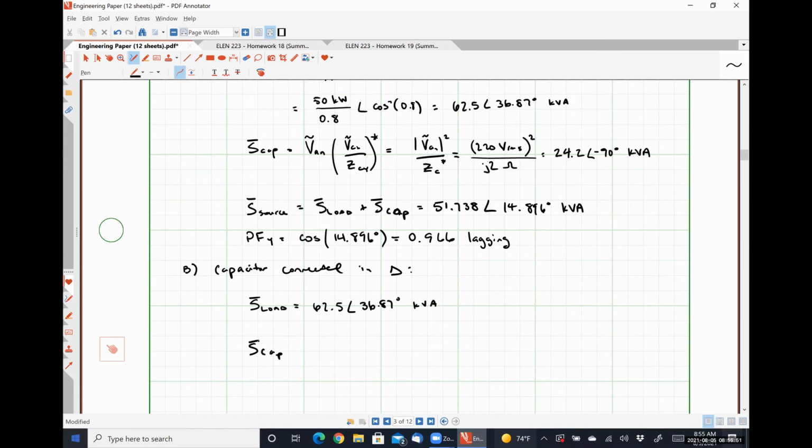The complex power absorbed by one phase of our capacitor bank is no longer going to be VAN, it's going to be VAB. So it'll be the magnitude of VAB squared divided by ZC conjugate.